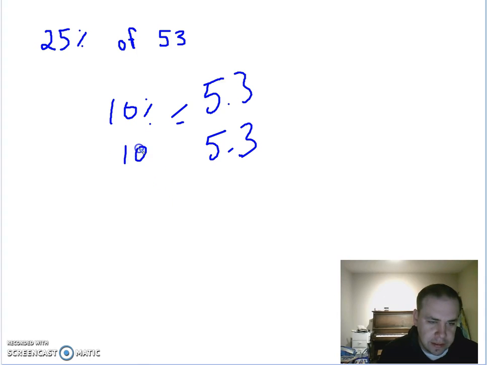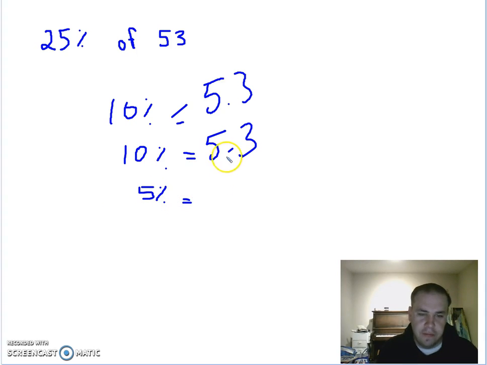So we have 10% and 10%, and then a 5%. Half of 5 would be 2.5, half of 3 would be 0.15. So 2.5 plus 0.15 will be 2.65.